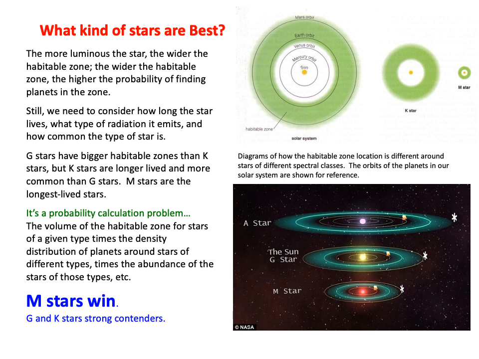And you can see that the volume encompassed in the habitable zone of the sun is much larger than the volume encompassed by the K star or the M star's habitable zone.